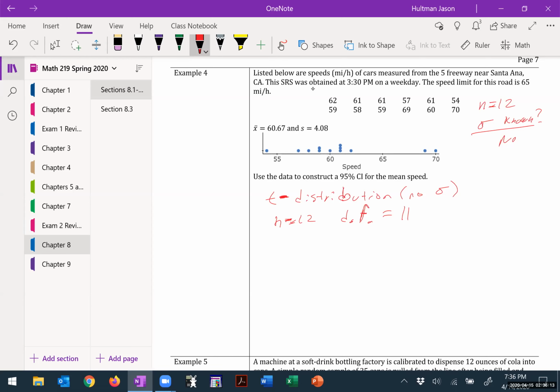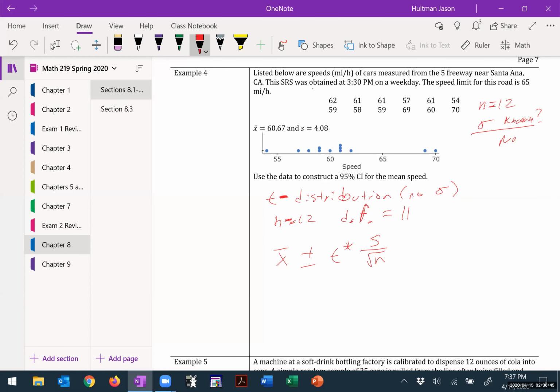Okay, so we're going to have x bar plus or minus t star, times s over the square root of n, where s is the sample standard deviation.